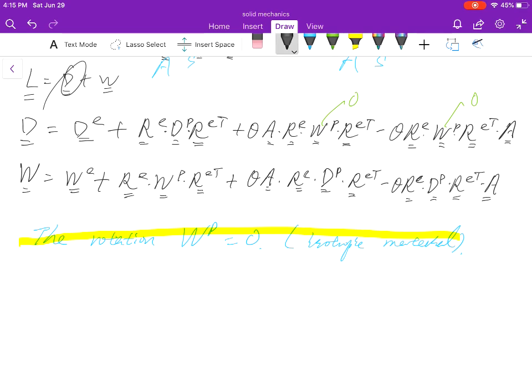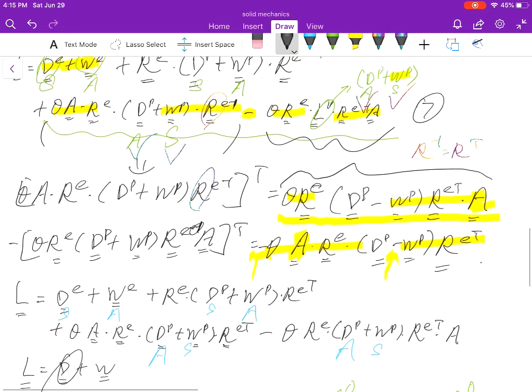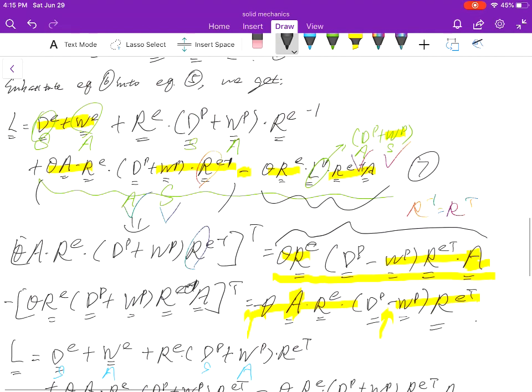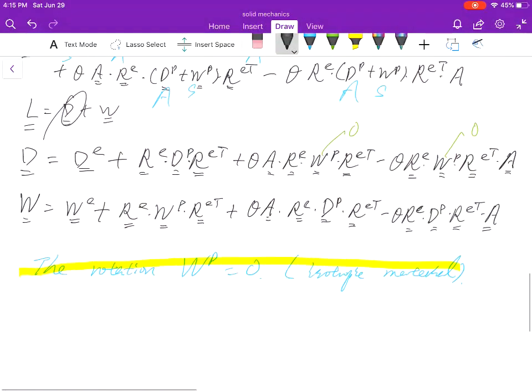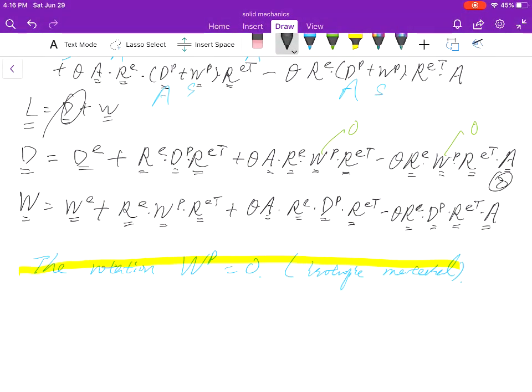So what we get? From this equation, we name it equation 8. From equation 8, we can get D equal to De plus Re Dp Re transpose.